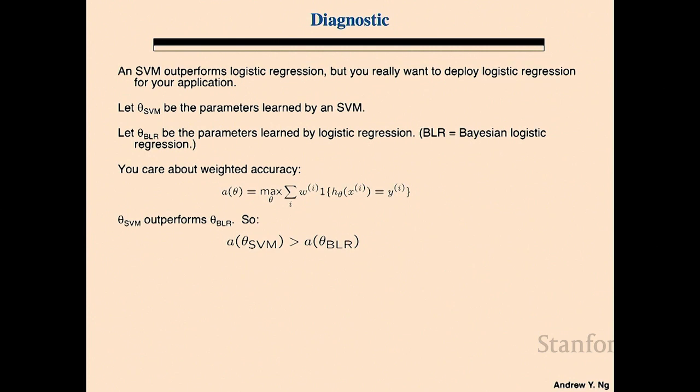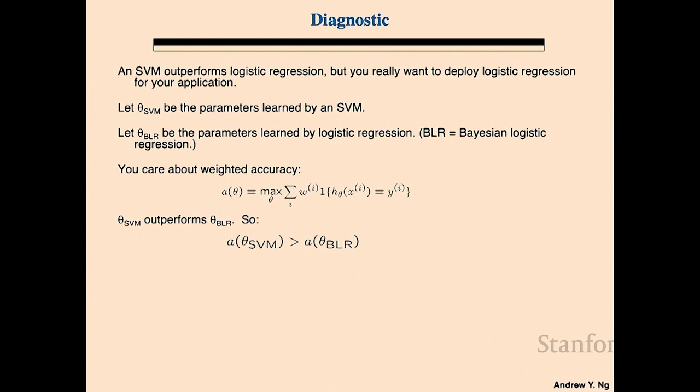So just to summarize this running example we're using: the SVM outperforms the logistic regression, but you want to deploy the logistic regression. Let theta SVM be the parameters learned by an SVM. And instead of writing the SVM parameters as W and B, I'm just going to write the linear SVM with a linear kernel using the logistic regression parameterization, so you have a linear set of parameters.